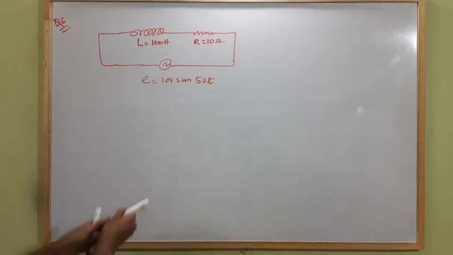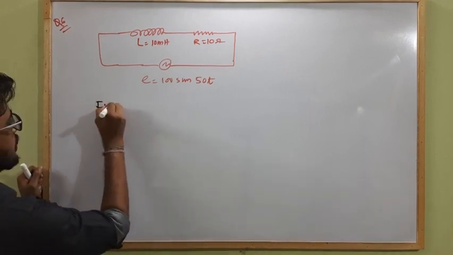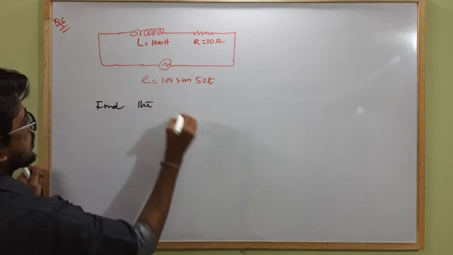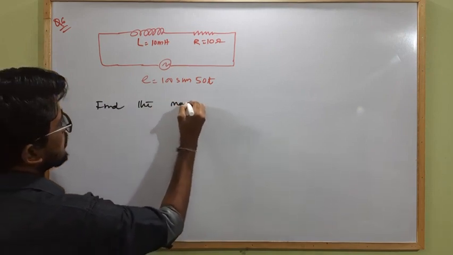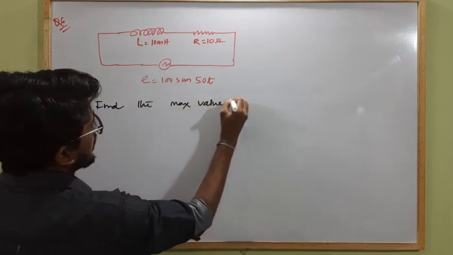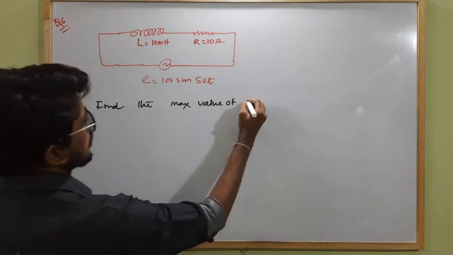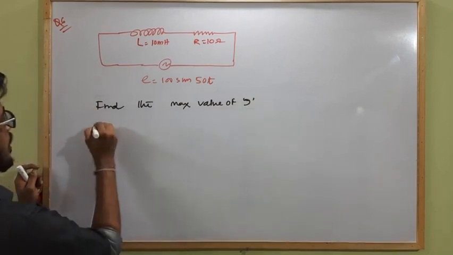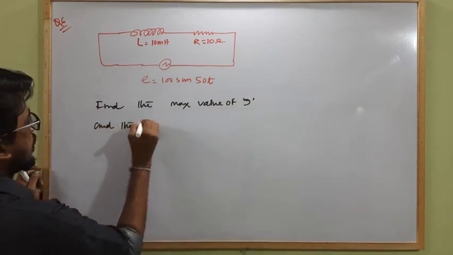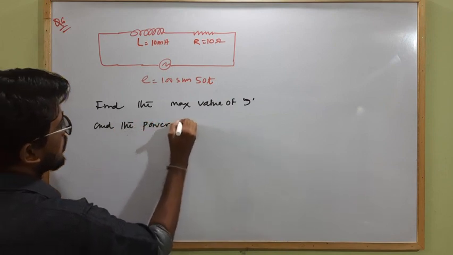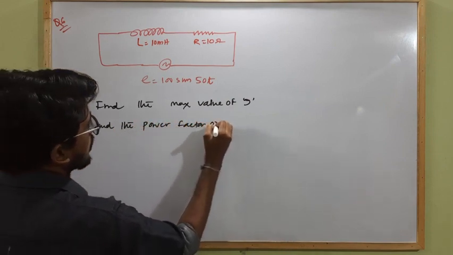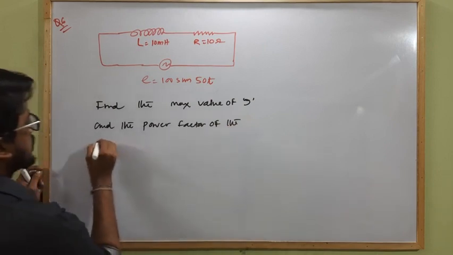So the question is, find the maximum value of current I and the power factor of the given circuit.